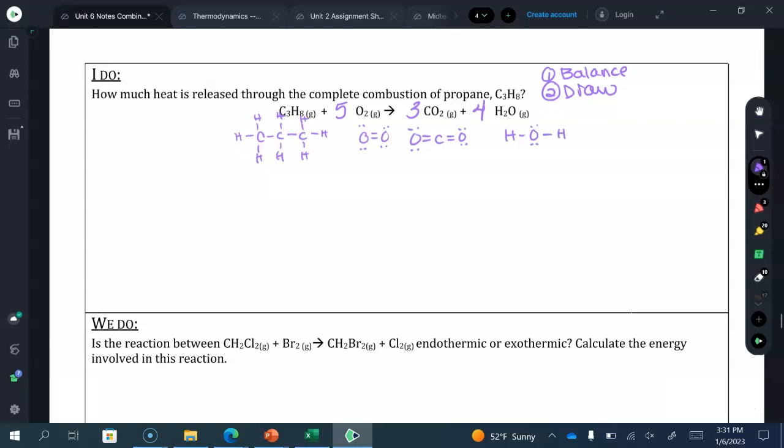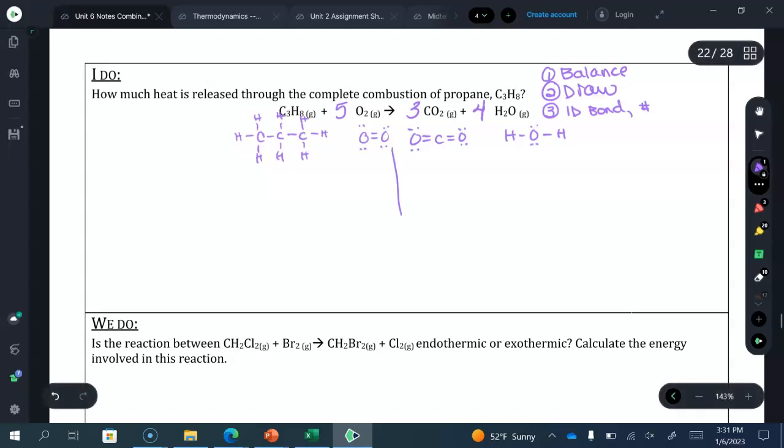Your next step is to identify the bonds, so identify the bonds and your number of each. On the reactant side, we have 1, 2, 3, 4, 5, 6, 7, 8 C to H bonds.